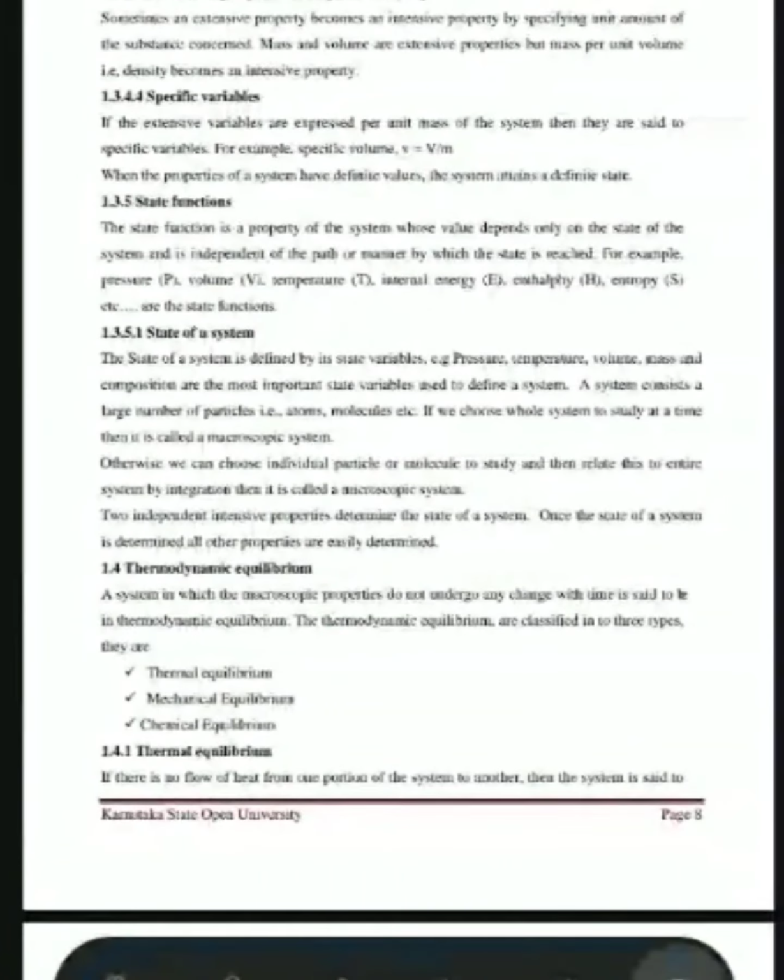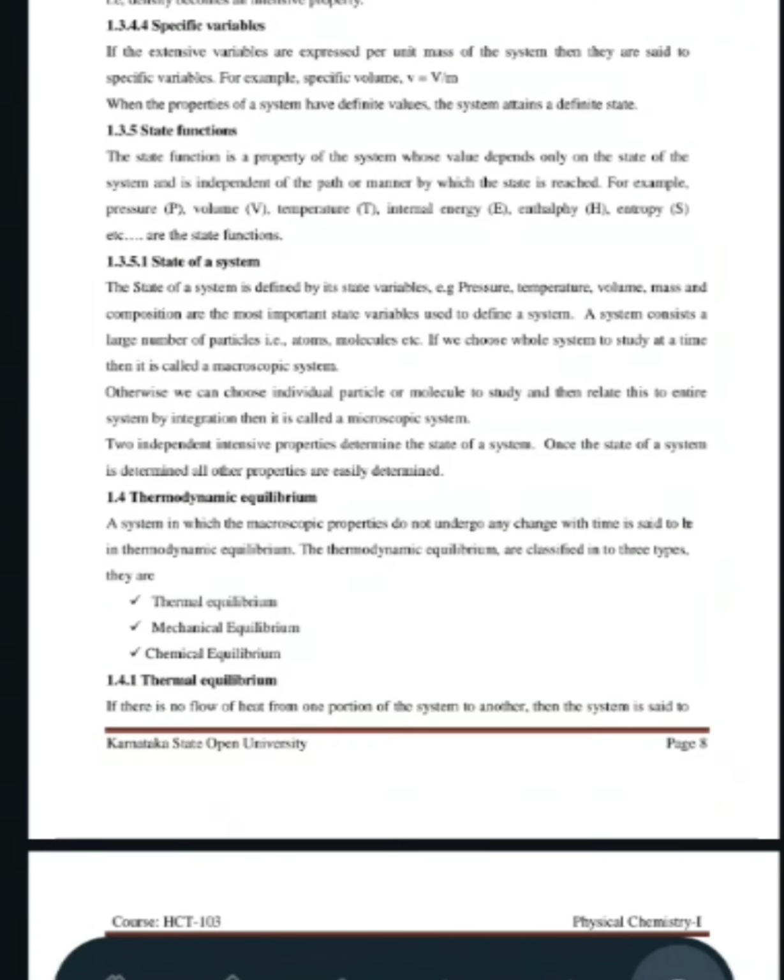And also the state function. The state function is a property of the system whose value depends only on the state of the system. So if you go through these terms, you will get to know what variables are. What do we call variables: pressure, volume, temperature, internal energy.